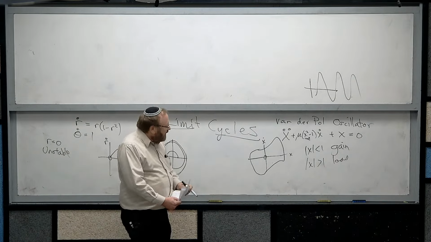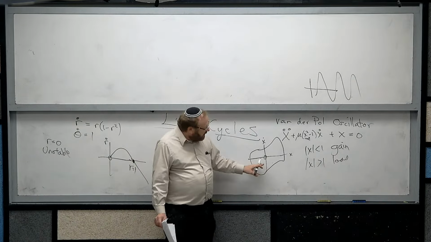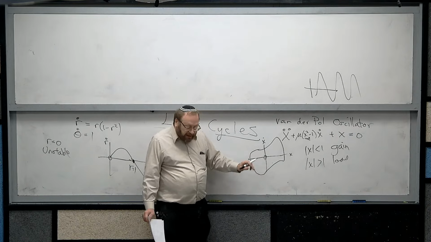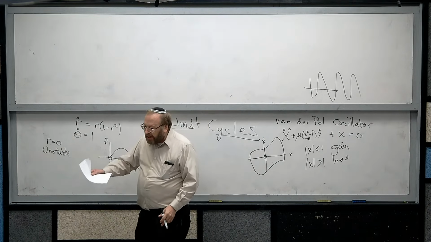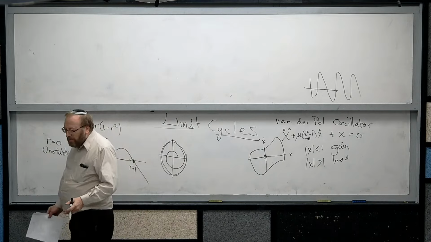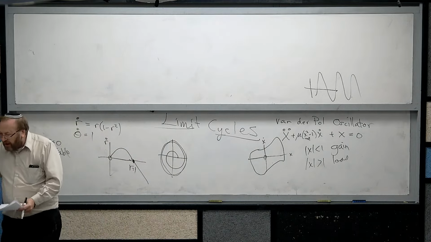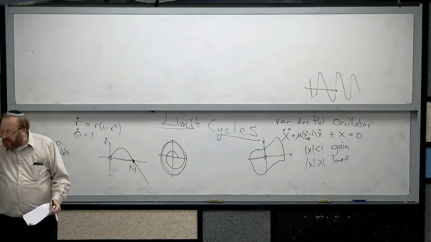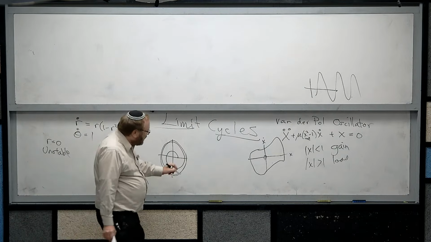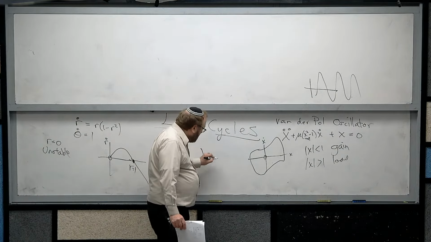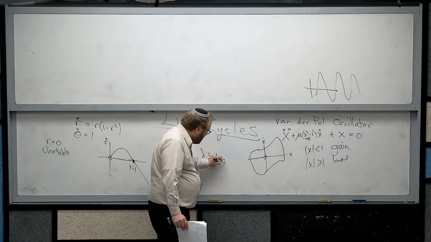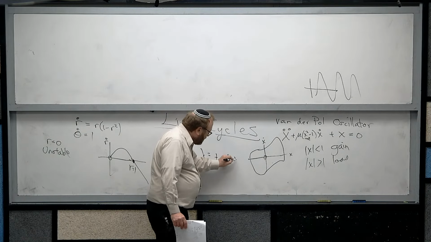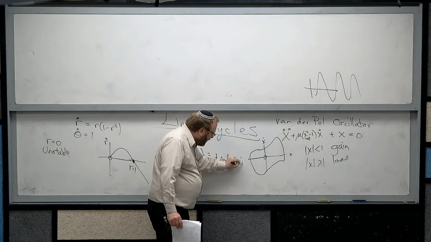Okay. If you do linear analysis around the origin, we write down the Jacobian matrix and do the calculation. What you'll find is that there are two eigenvalues, lambda equals some real number plus and minus i omega.